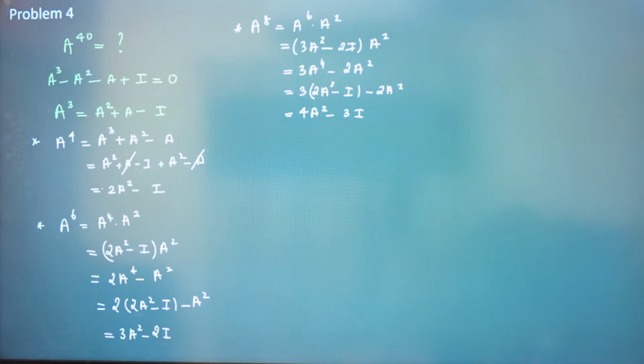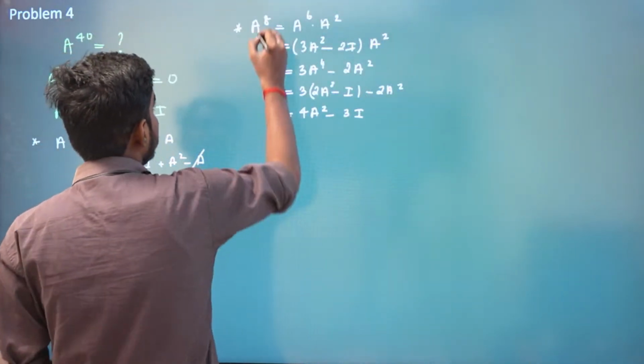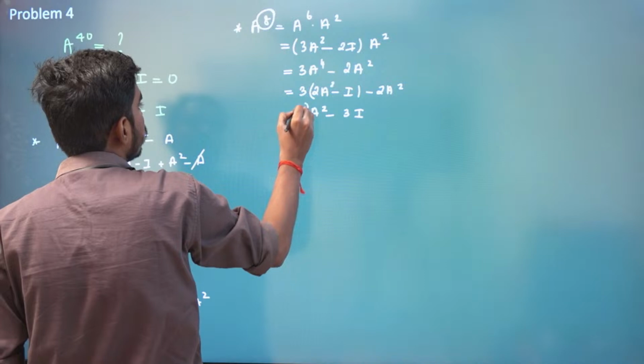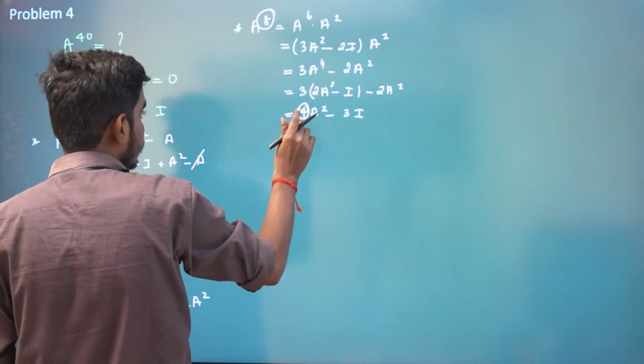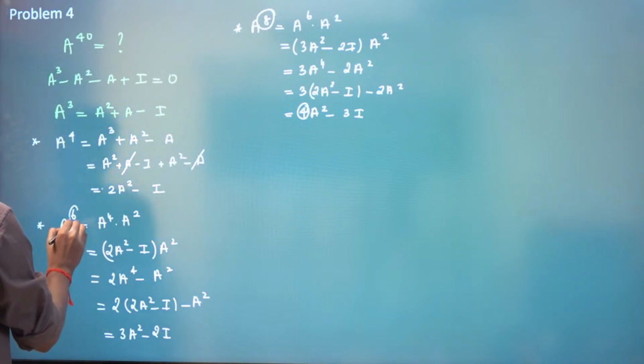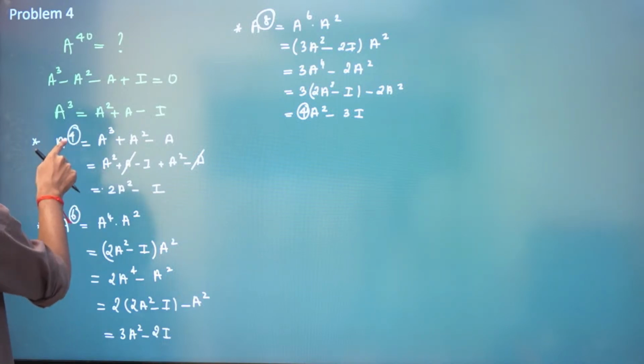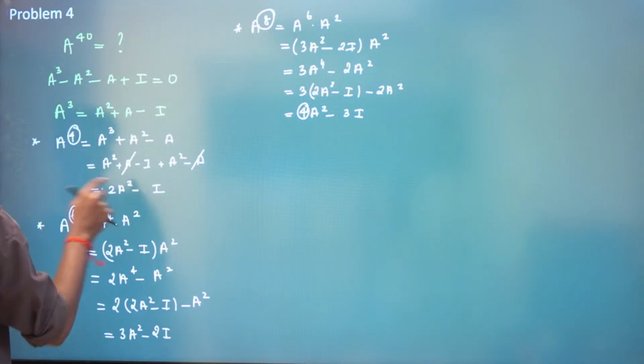Actually, what is the relation between this? You can see if it is 8, it is 4, and then 1 less than 4. If it is 6, half of 6 is 3, and then 1 less than 3 is 2. If you have 4 here, half of 4 is 2, and 2 minus 1.